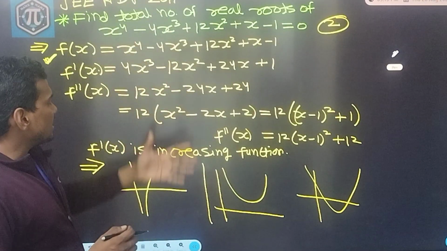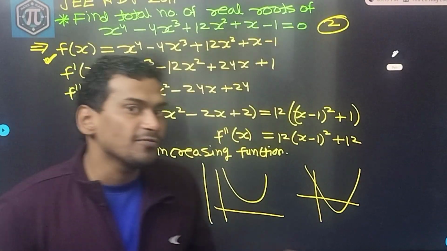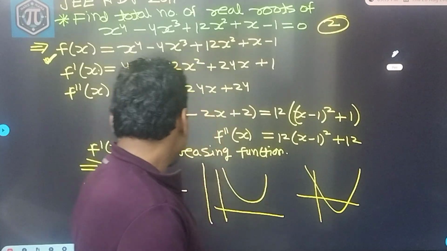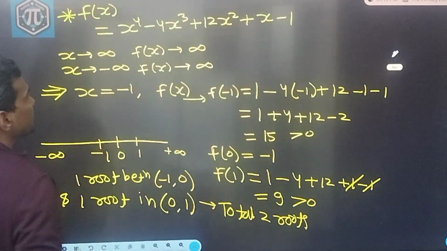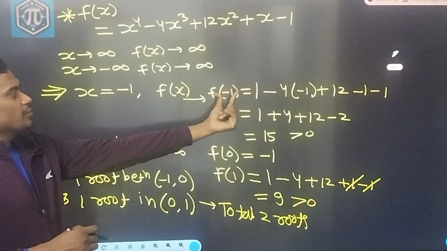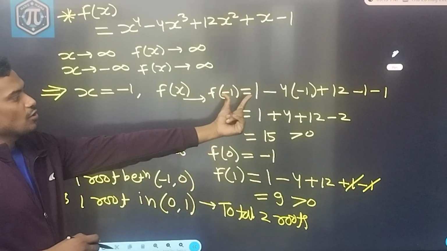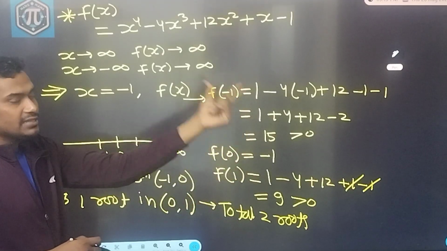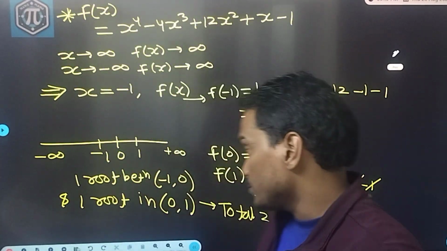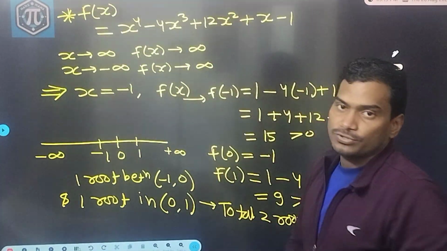So after that we calculated for f of x, that f of x will be positive, negative for how many values. And after that we can see this is fx, we calculated values at critical points minus 1, 0, 1. We saw that if opposite sign, then one root in between minus 1 and 0, another root between 0 to 1. So that is our answer, total of the roots.